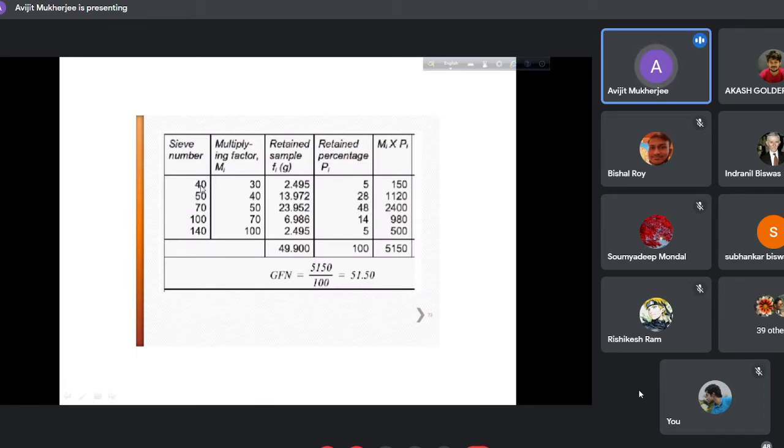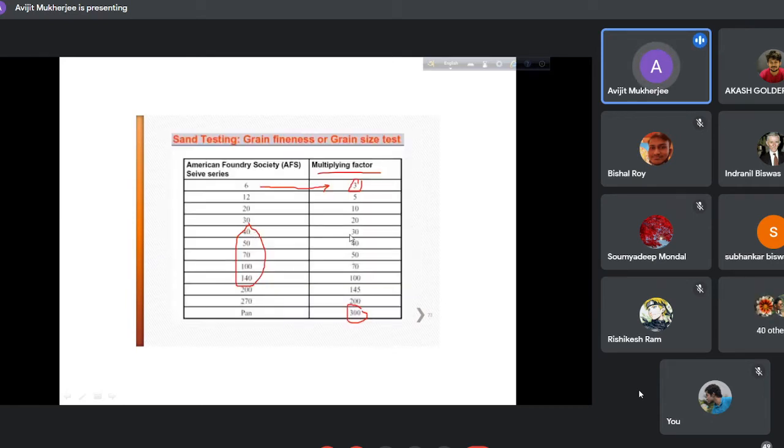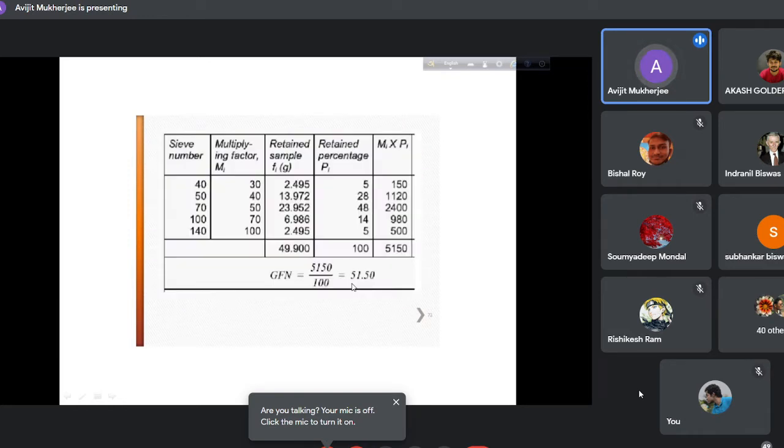In the 40 sieve size tray, you just observe the multiplying factors are 30, 40, 50, 70, 100. So we are utilizing these: sieve number, multiplying factor, and percentage retained.